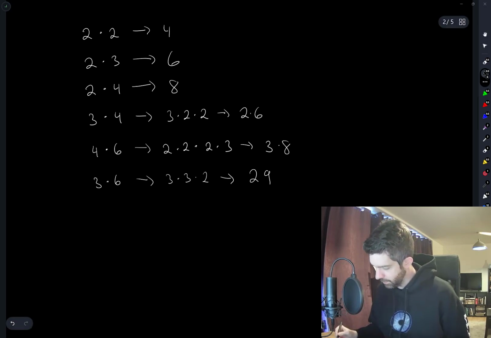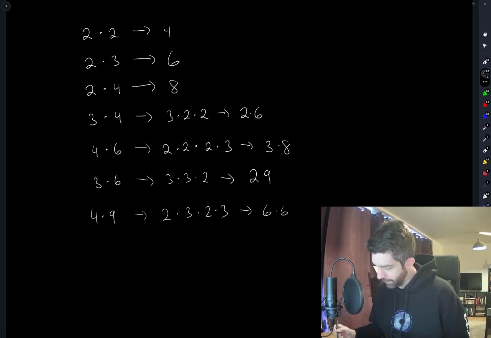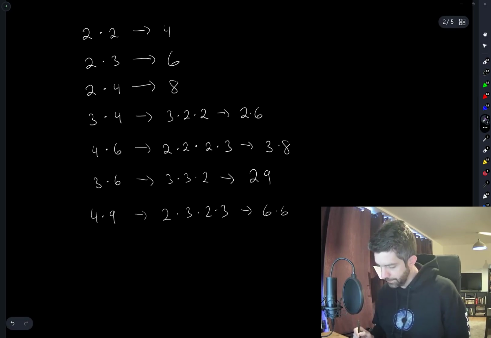What about other things with a 9 in them? 4 times 9. This is 2 times 3 times 2 times 3. So that could be replaced with 66, but that's not smaller. So 4 times 9 is okay.